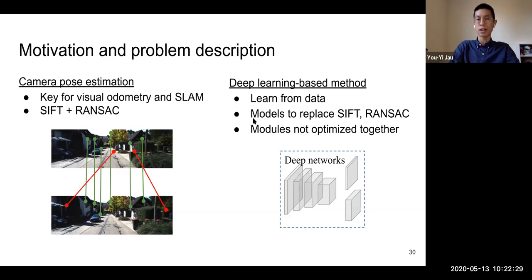And there are models proposed to replace SIFT or RANSAC, but they are optimized individually. We know there's a benefit if we connect these pipelines into a complete camera pose estimation pipeline and optimize end-to-end. We can probably achieve better performance.